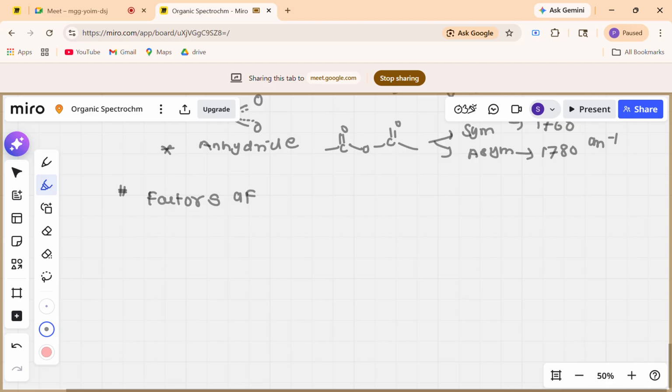Now we will move forward towards the factors which affect this stretching frequency.